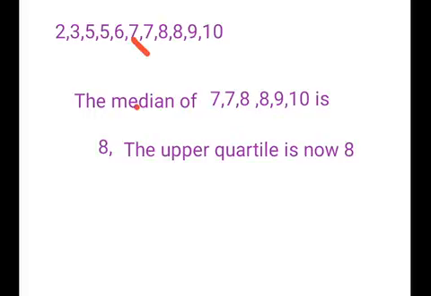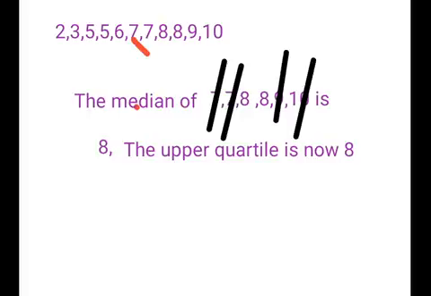So our second half comprises these numbers: 7, 7, 8, 8, 8, 9, and 10. What is the median of these numbers? Let's use our method of cancelling out. The 7 on the left will go with 10 on the right. The 7 on the left will go with 9 on the right.